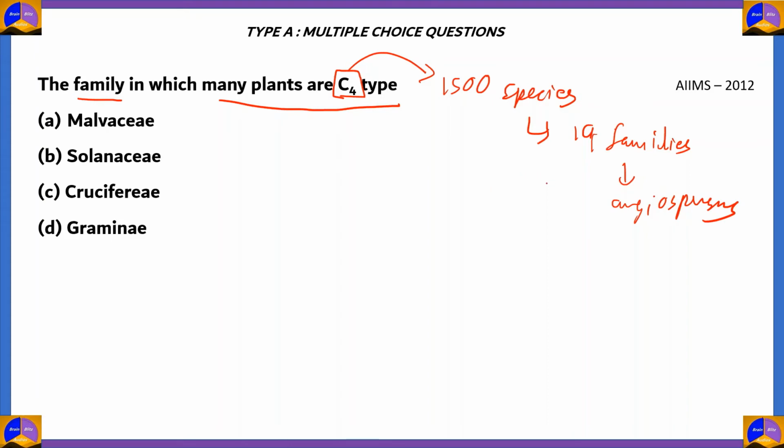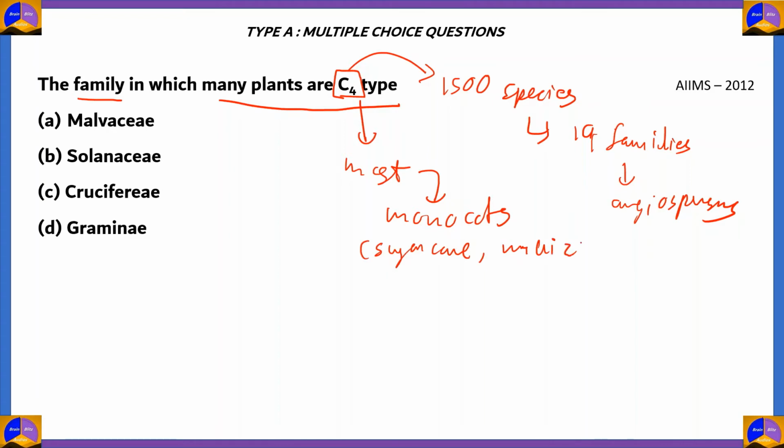However, the crazy thing about C4 type is that most of them are present in monocots, such as sugarcane, maize, etc., which are present mostly in the family known as Graminae. So therefore, option D is the right option.